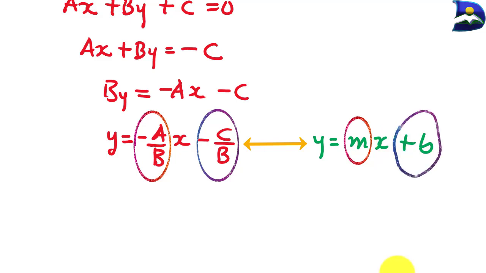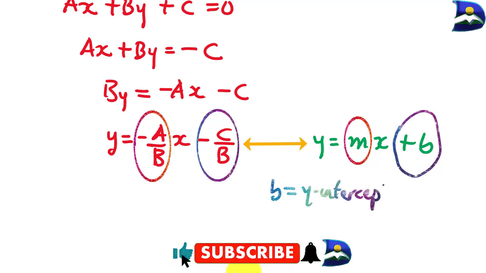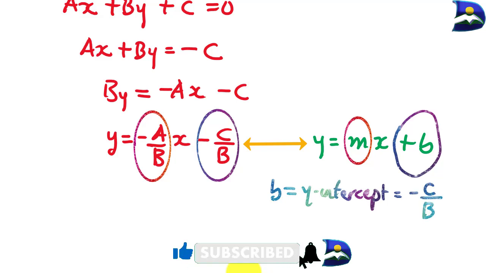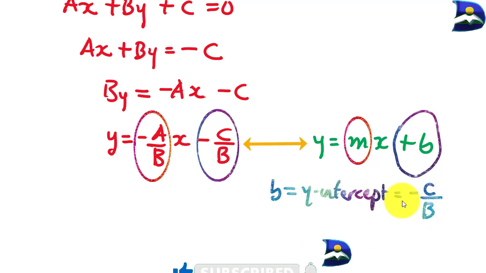Therefore, we have our specific conclusion, which states that our b, which is our y-intercept, is equal to negative c divided by b from our general formula.